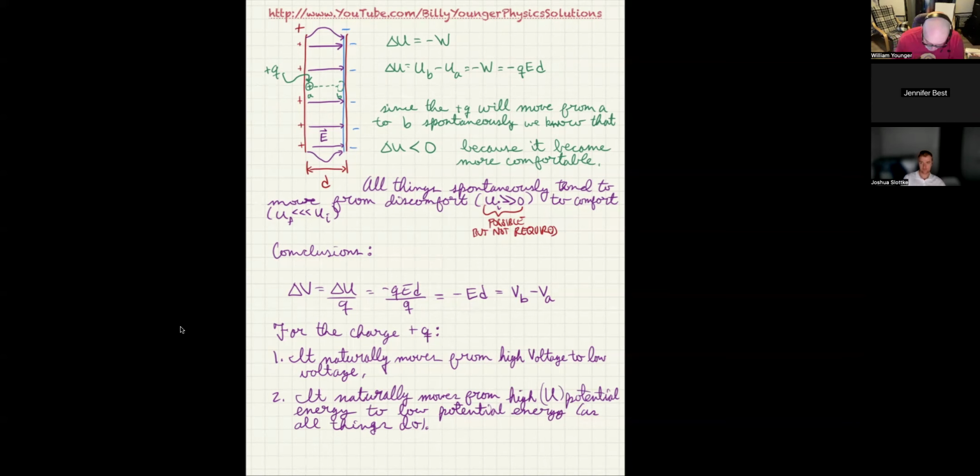Now, if we set up the same setup, but for a negative charge, let's say I use this little gray charge here. If I put a negative charge here, it would, in fact, on its own, be compelled to move the other way.